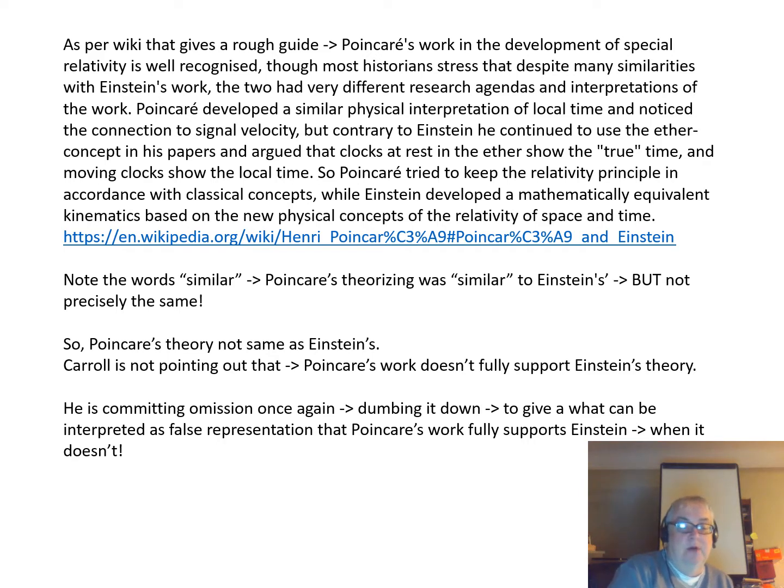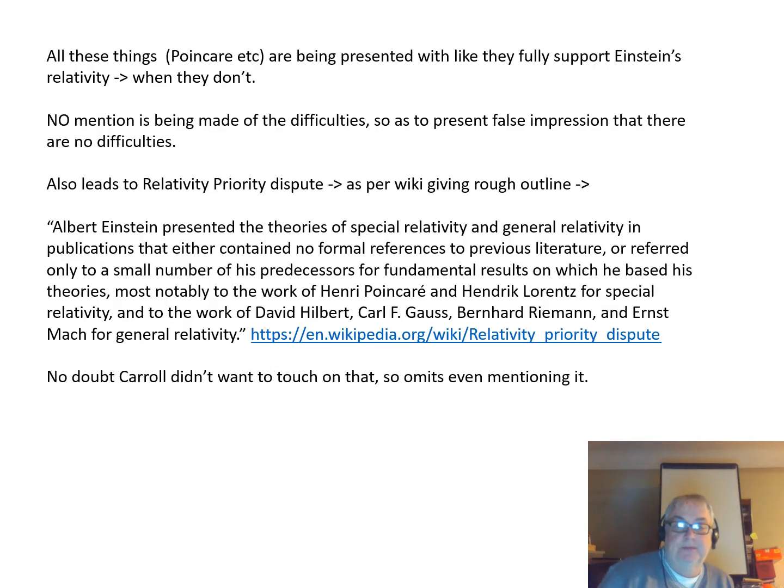Once again, Carroll is committing omission, dumbing it down to give what can be interpreted as a false representation that Poincaré's work fully supports Einstein when it doesn't. All these things, Poincaré, etc., are being presented as if they fully support Einstein's relativity when they don't.